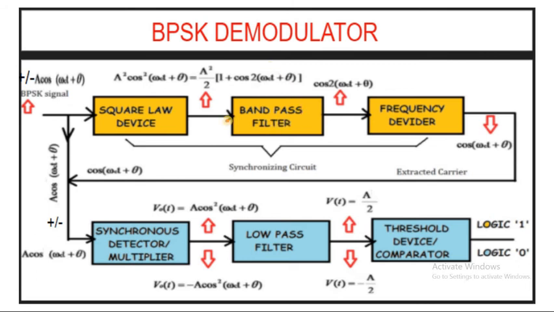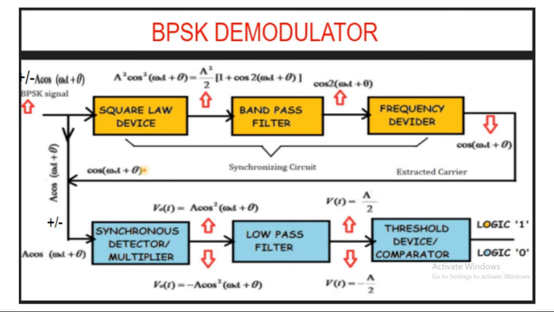The signal is then passed through a band pass filter which is tuned to twice omega c. Thus the output is cos 2 omega c t plus theta, which after division gives the required synchronous carrier cos omega c t.